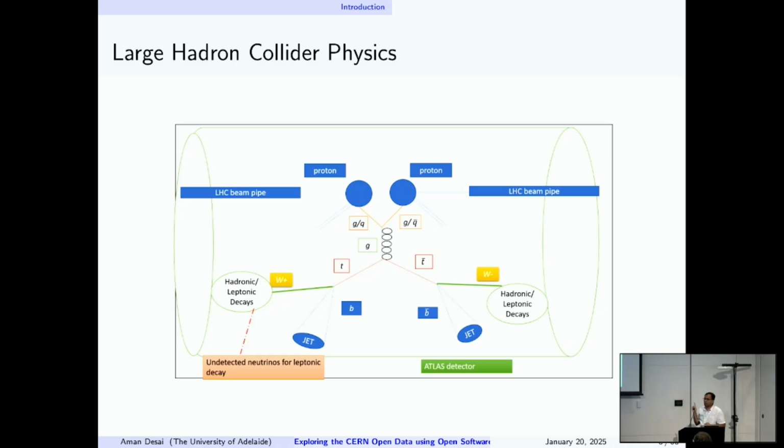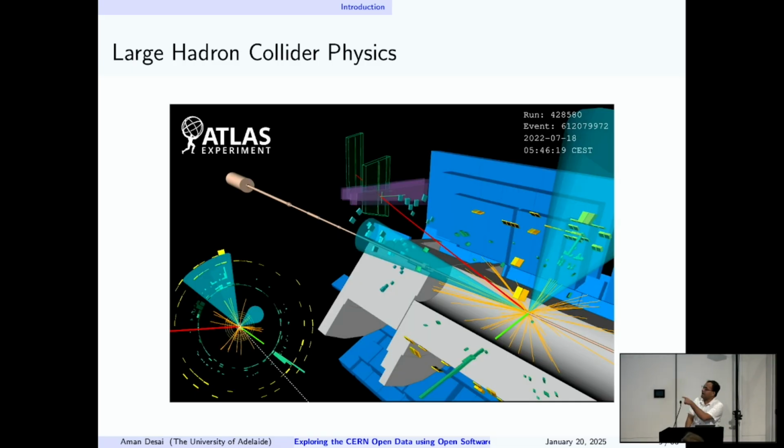And this is just one collision, and we are analyzing billions of such collisions. And this is how it might look in the real detector.